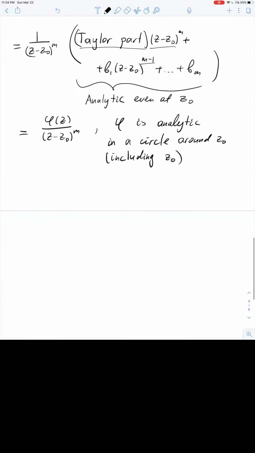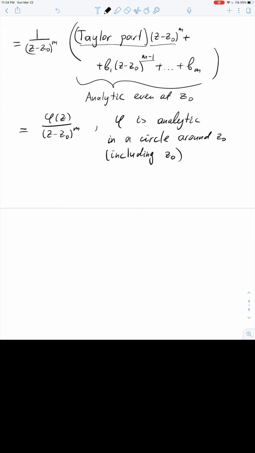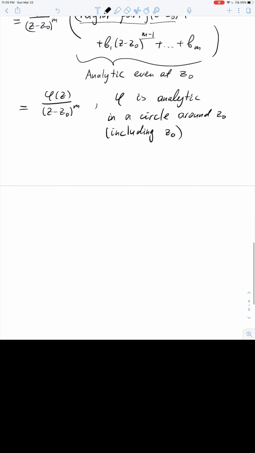So f has this really nice form: something analytic divided by, notice, by the way, an integer power of z minus z0.